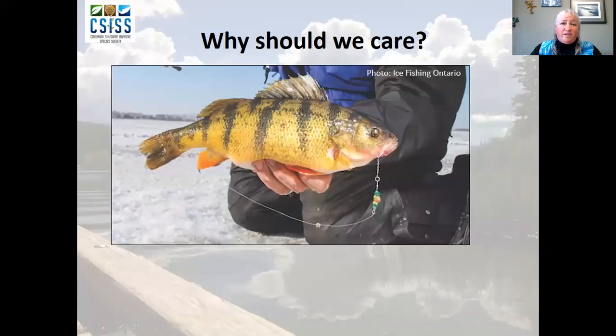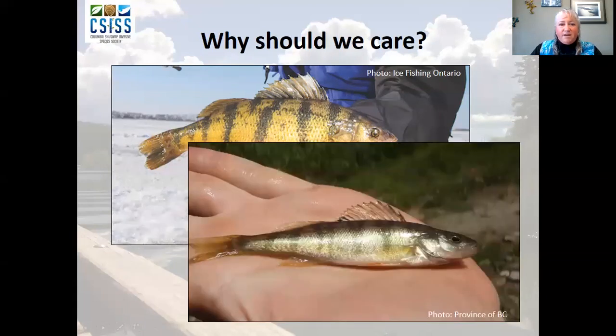And why should we care about invasive fish? Well, this here is the yellow perch I showed you before. Back east in its native range, it is a great little sport fish. People love to catch this fish. Unfortunately, when it's introduced into BC lakes, there are so many of them because nothing eats them, so every baby survives.